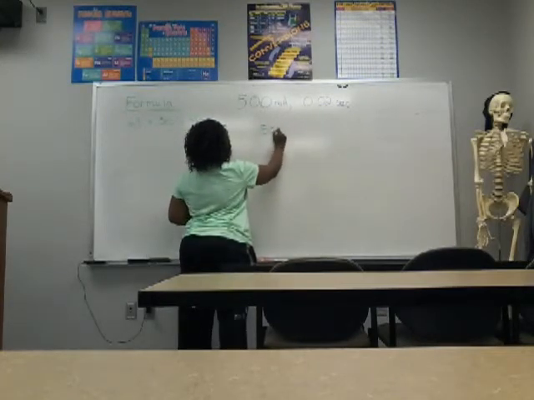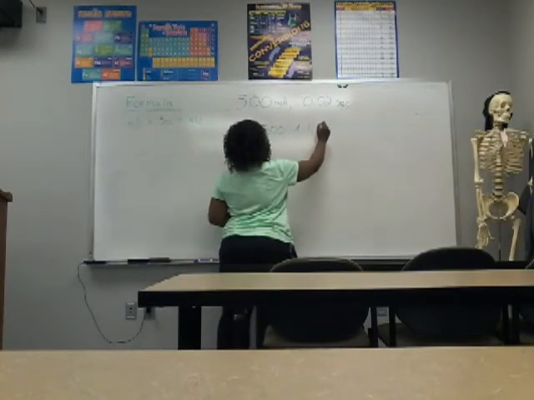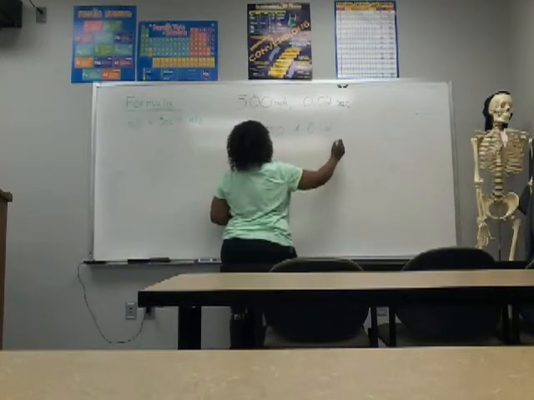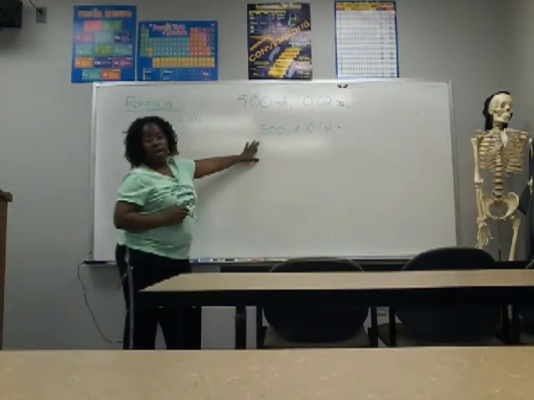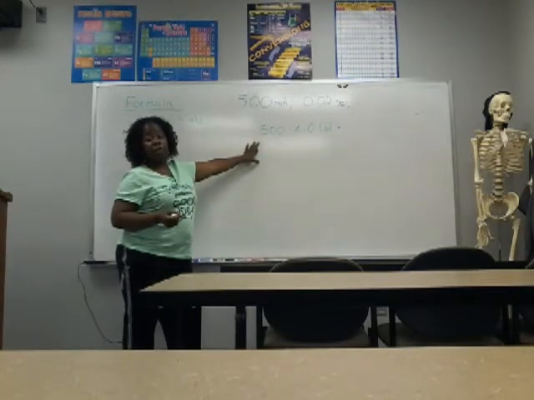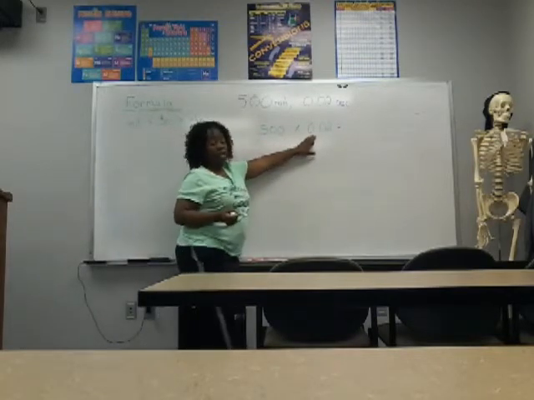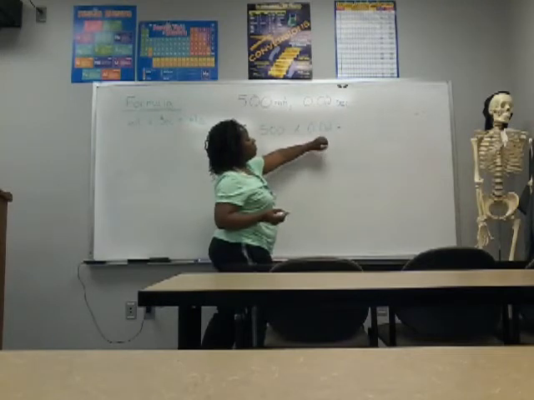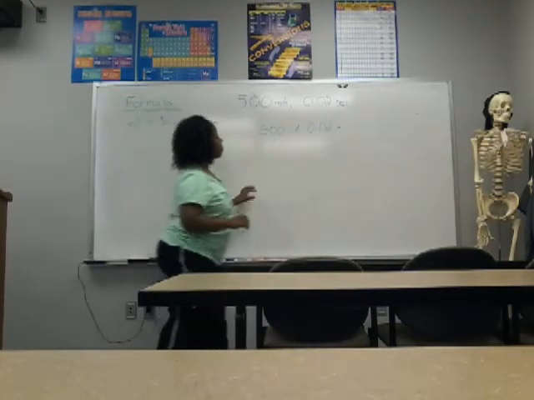500 times 0.02 is going to give me, and I highly suggest you use your calculator, very quickly when you put in the 500 times, don't forget the decimal, 0.02, and you should get an answer of 10.